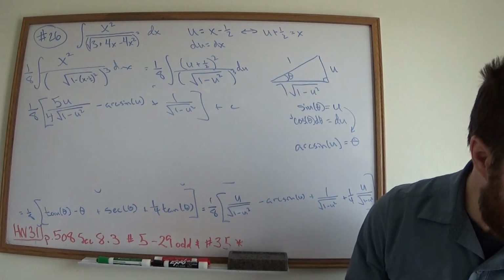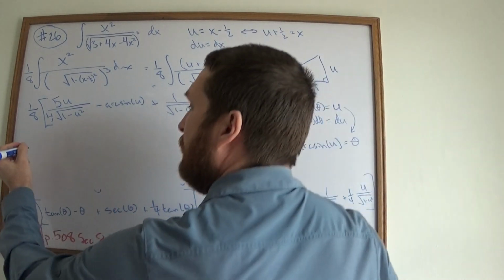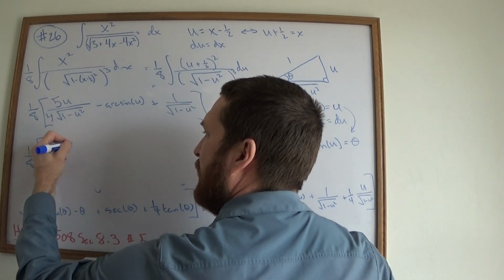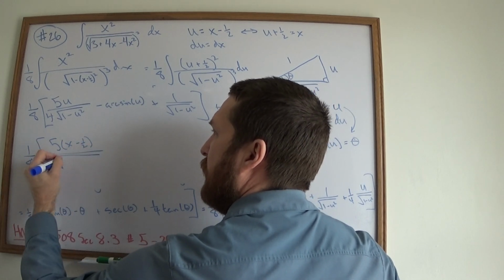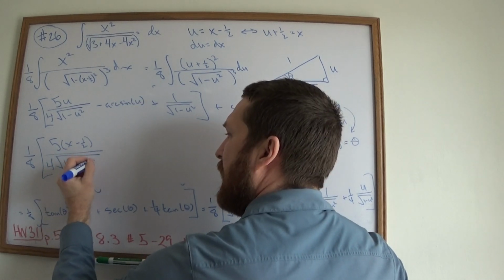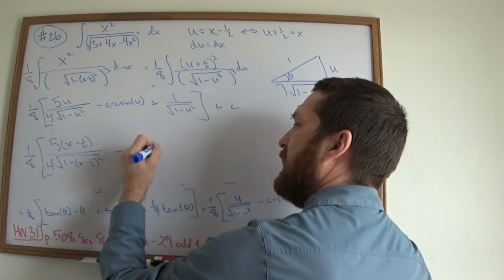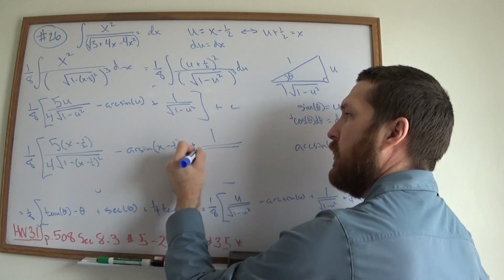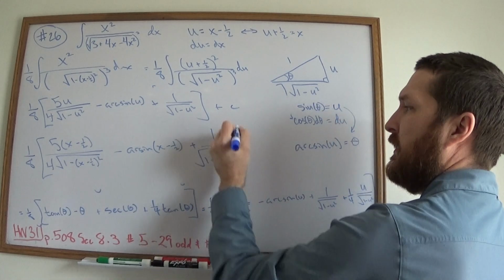So I'm just going to replace every one of those with x minus a half. And hopefully I end up with the same thing that I got earlier. 5 times x minus a half. Parentheses are your best friend here. Over 5 root 1 minus x minus a half squared, minus arc sine x minus a half, plus 1 over root 1 minus x minus a half squared.